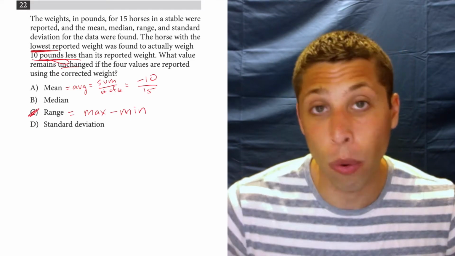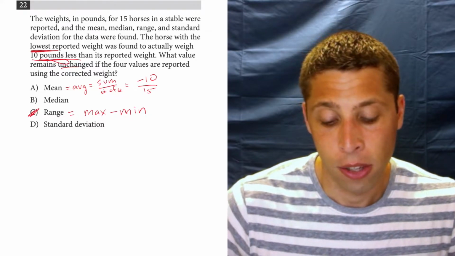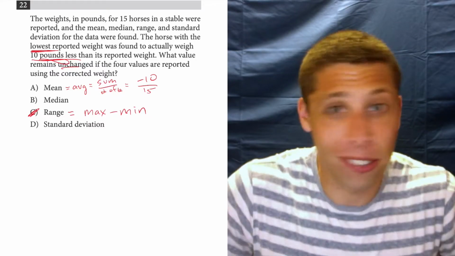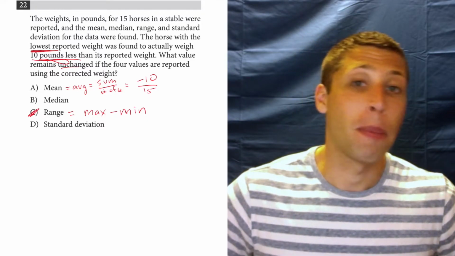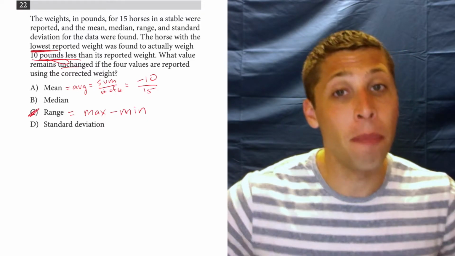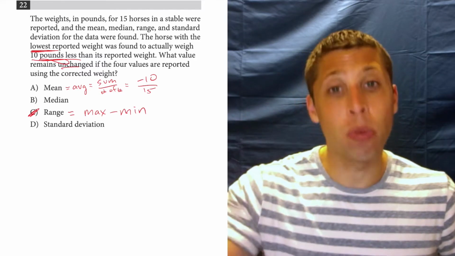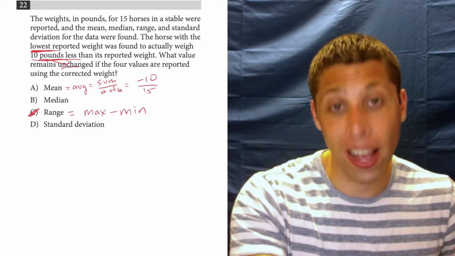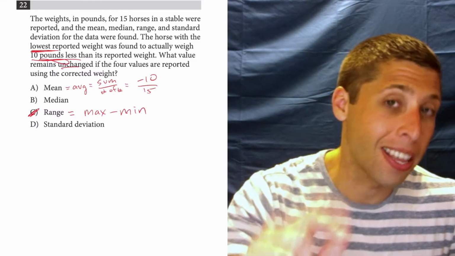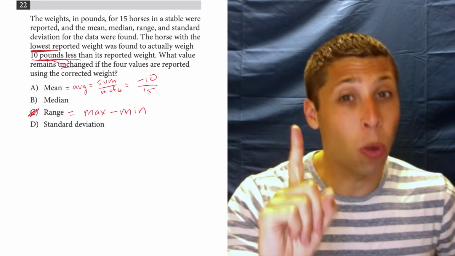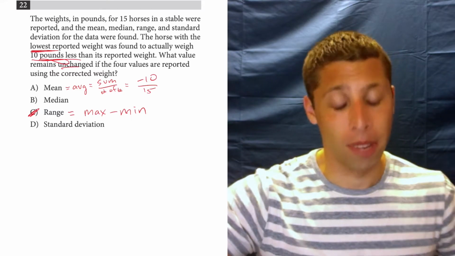It's 10 lower than it actually is. So the mean isn't going to change a lot because in terms of horses, I don't think 10 pounds is a lot of weight. But it is going to change because the mean, the average, takes into account every single value. And every single value in some way gets plugged into that formula. So if we change one, we're going to change the result.